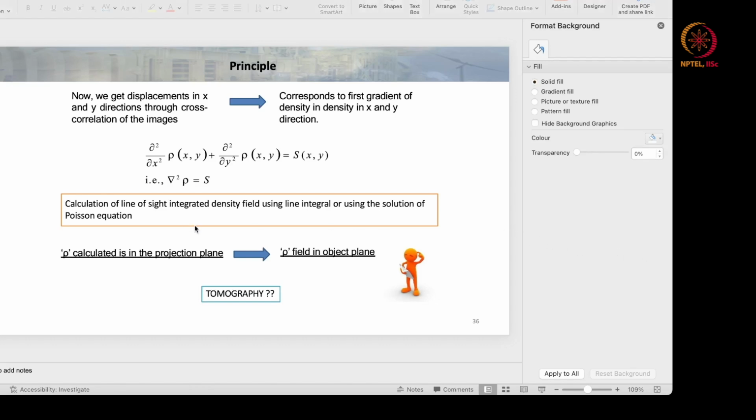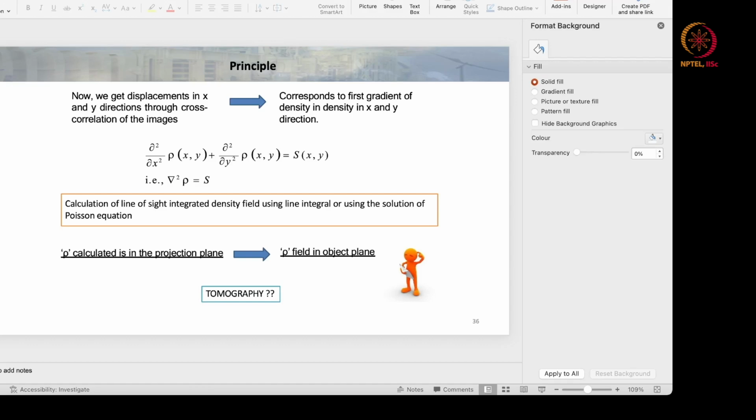In other words, what is different about this background oriented technique is that it uses correlation techniques on a background dot pattern to quantitatively characterize any mildly compressible or thermal flows with good spatial and temporal resolutions. The main advantages are basically experimental simplicity and the robustness of the correlation based digital analysis. That means this is routinely used in many application contexts, right? So that is what it is.